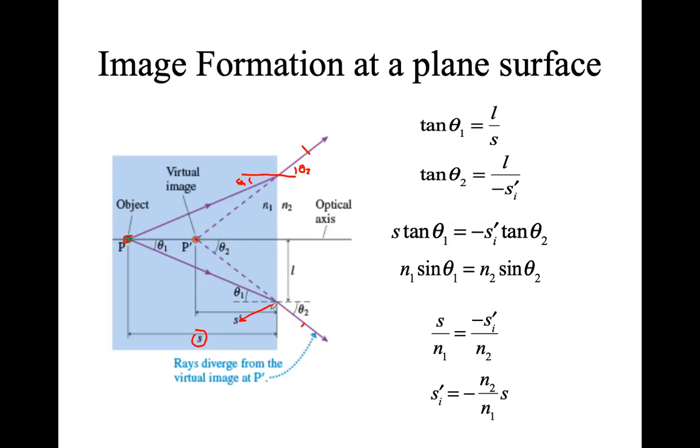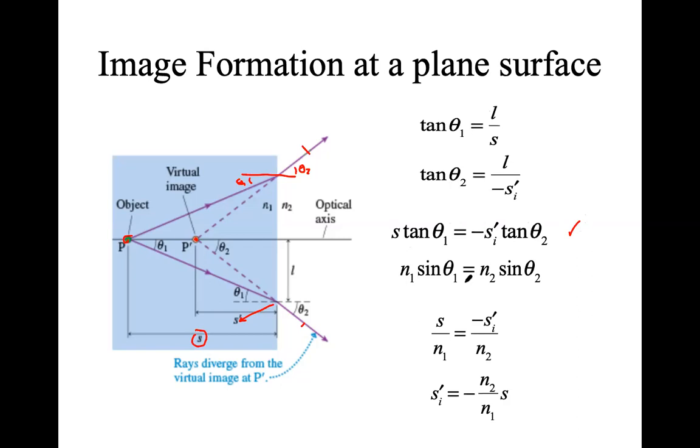And then theta 2, this angle right here, would be the same L divided by this image distance, and it is conventional for virtual images to call it negative. L was arbitrary, so if I set the two L's equal to each other, it's S times tangent of theta 1 and minus the image distance times tangent of theta 2. I got one equation right here.